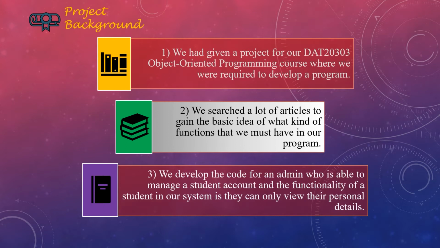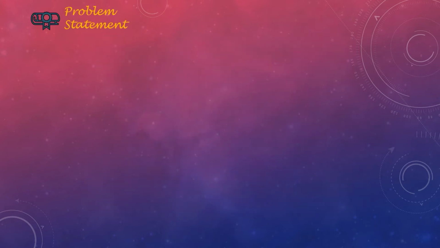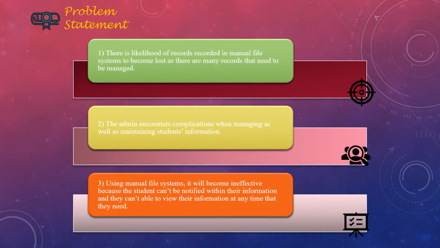Next, problem statement. There is a likelihood of records in a manual file system becoming lost as there are many records that need to be managed. So, lost records will make some of the student information not exist in the school, as one of the primary issues.